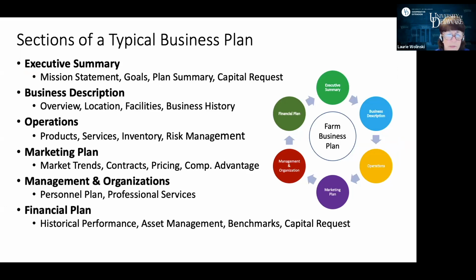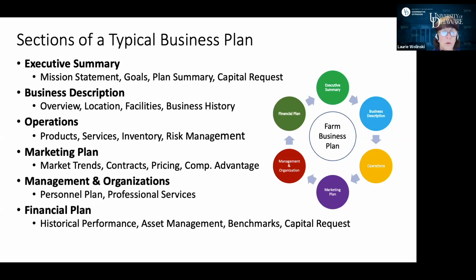Okay, so this is a busy slide. It is just identifying the typical sections of a business plan. The very first part is an executive summary. And this just describes your business, talks about your mission statement, and I could do a whole session on mission statements and goals.